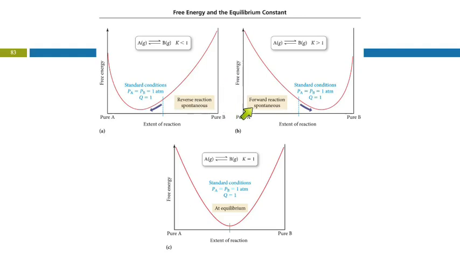Over here, if we've got K being larger than 1, then in this middle place where we have equal amounts of the product and the reactant, Q is equal to 1, but it's going to go forward. So what am I doing there? I'm using that equation we just derived.